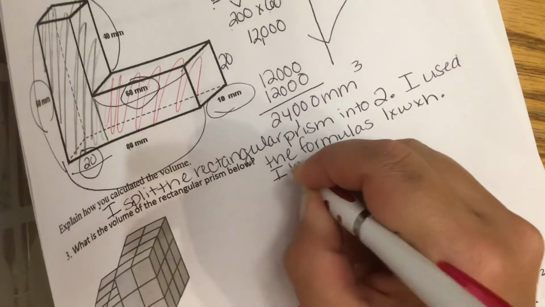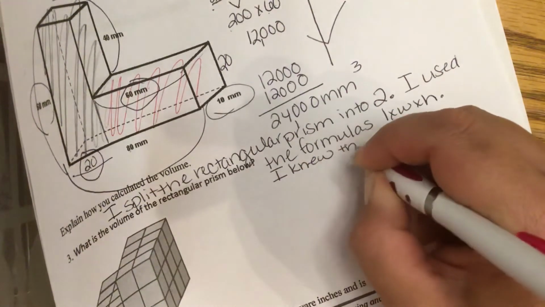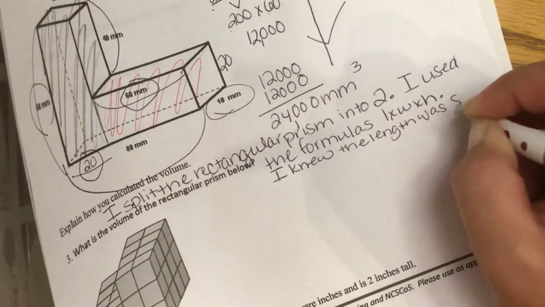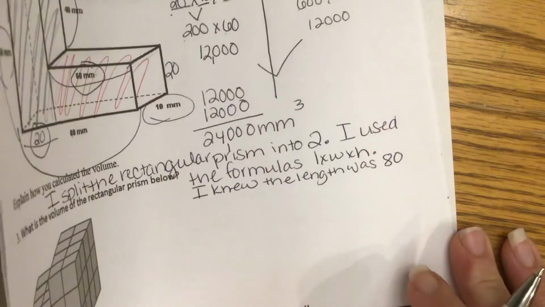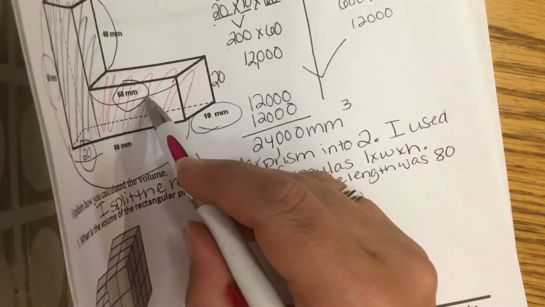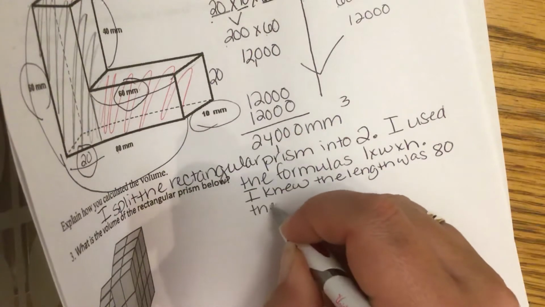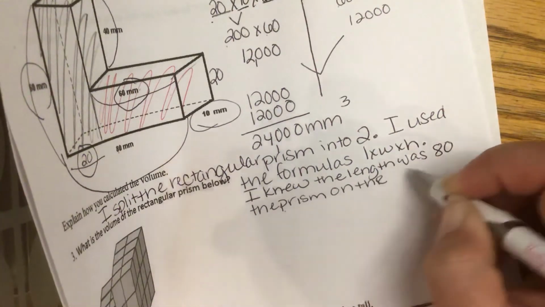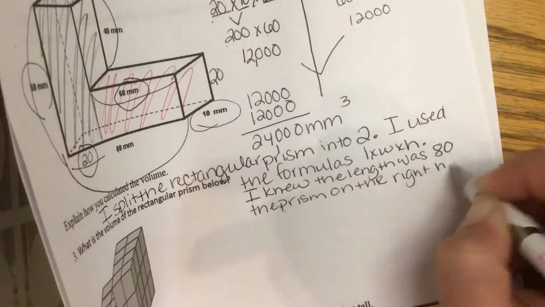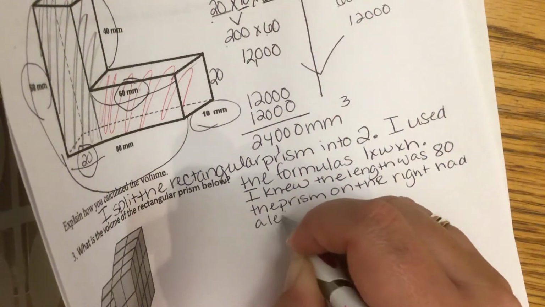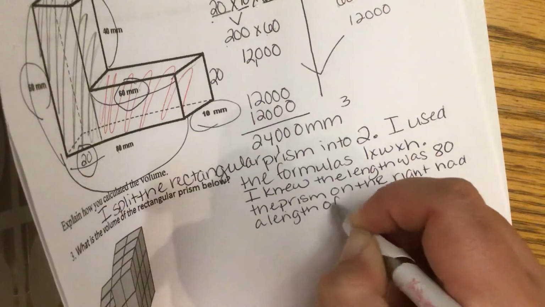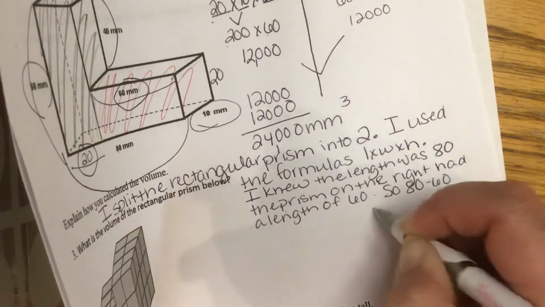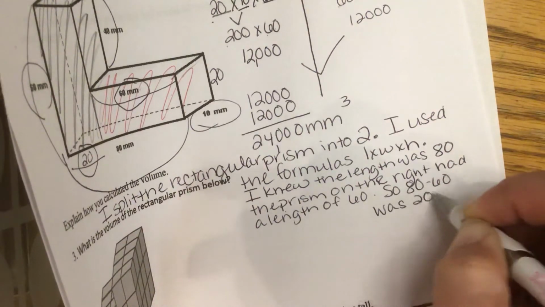So I knew the length was 80. The whole length was 80. The prism on the right had a length of 60. So 80 minus 60 was 20.